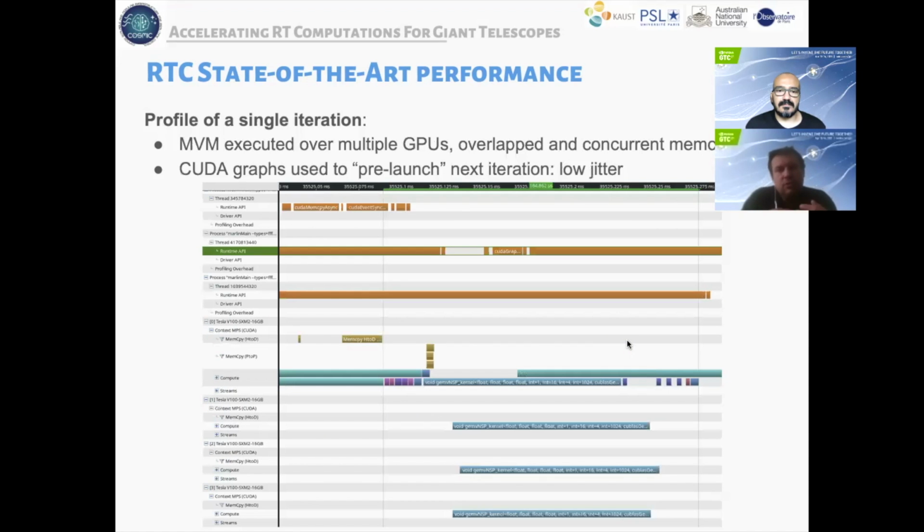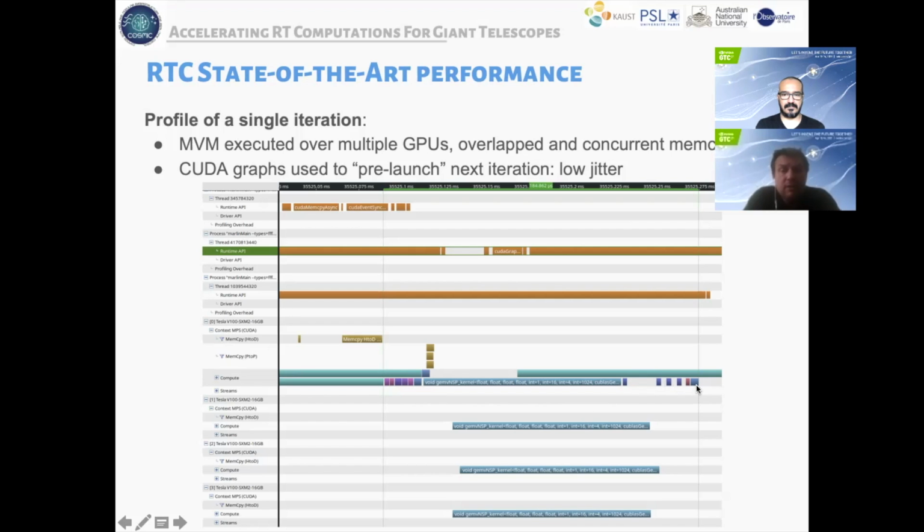So if we zoom in on a single iteration, you see here that the matrix vector multiply is distributed over the 4 GPUs. After these several small kernels that are doing the pixel processing, we send the measurement vector to the 3 other GPUs, and then we have 4 GPUs performing the matrix vector multiply concurrently.